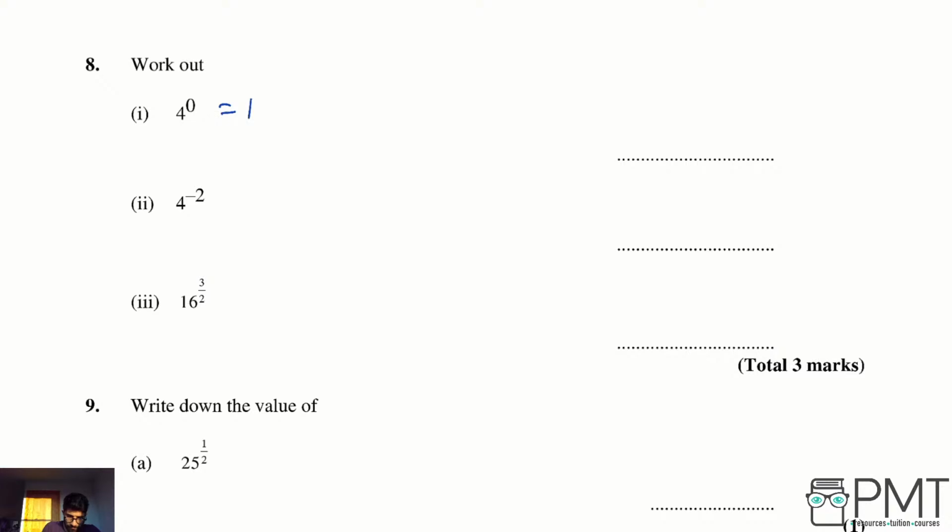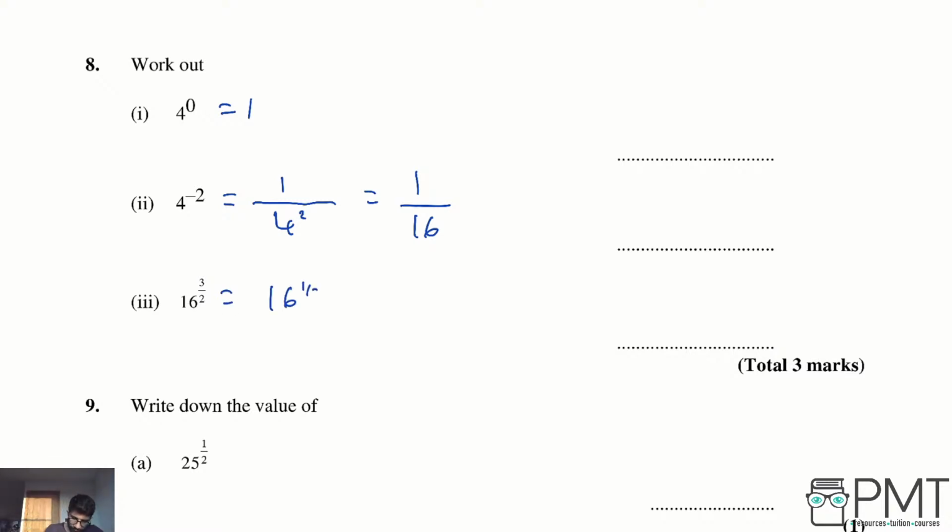This one is 1, as always. This one is 1 over, because we have the negative sign, 4 squared, so that's 1 over 16. Then we have got the next one, which requires you to split it into two steps.